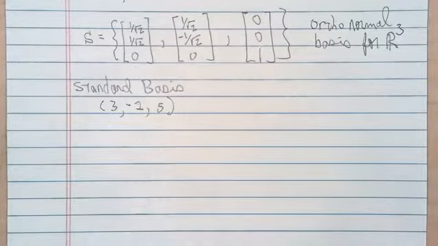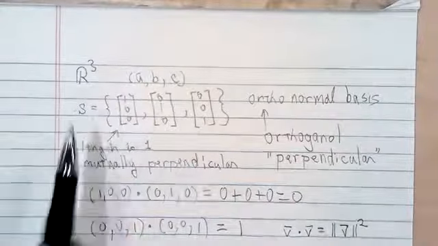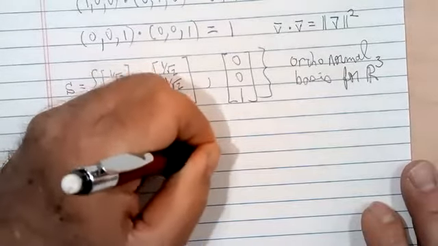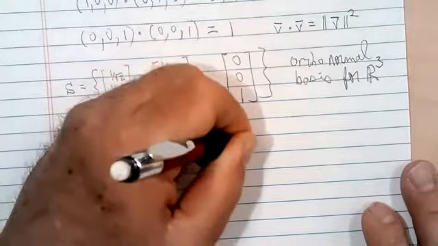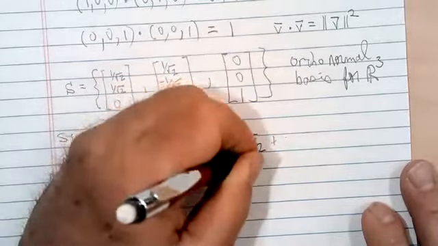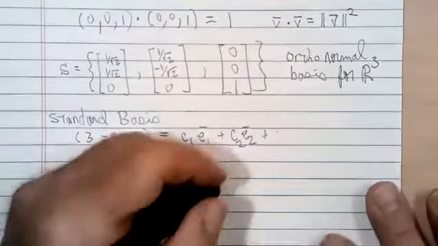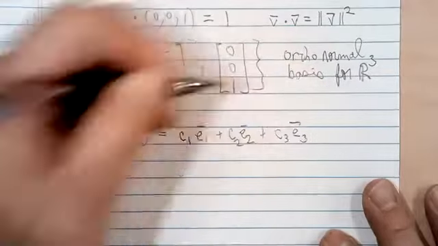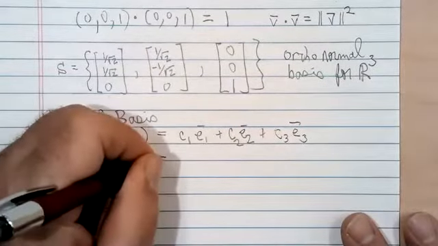And I'm going to say this, because E1, E2, E3 is a basis, this has to be equal to some constant C1 times E1 plus some constant C2 times E2 plus C3 times E3.